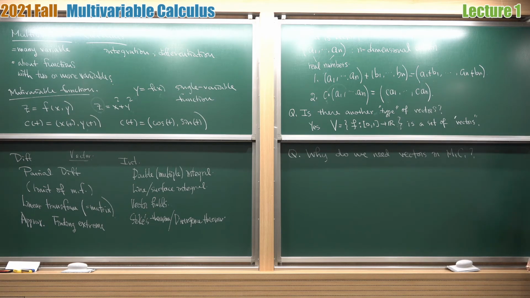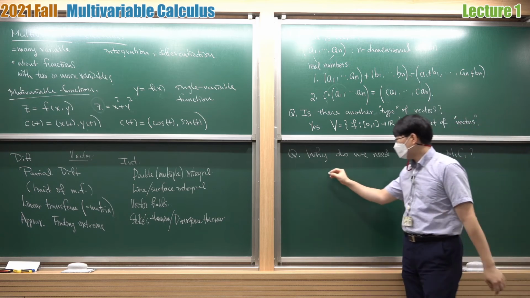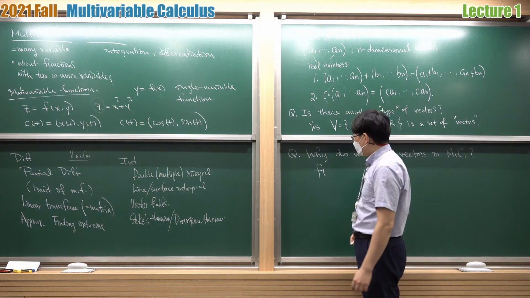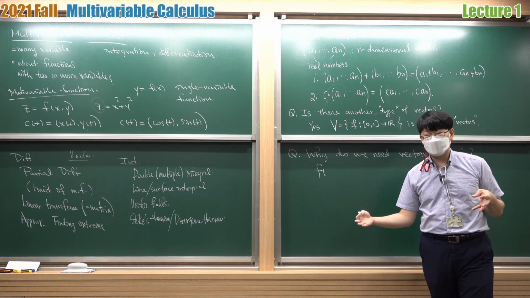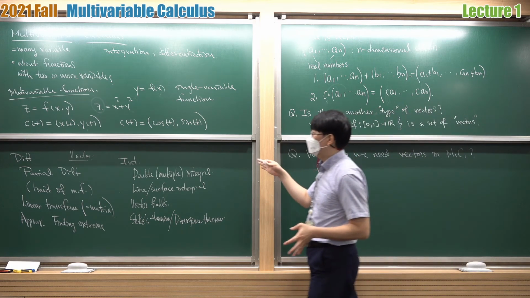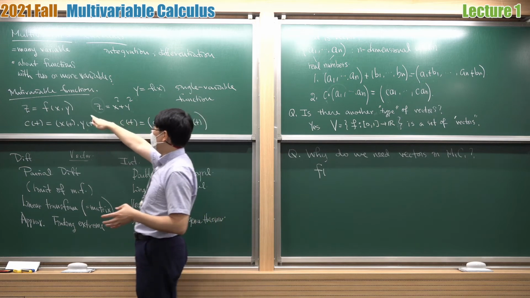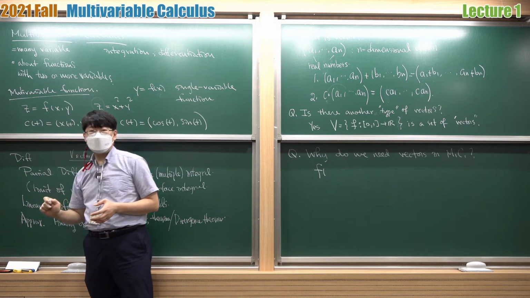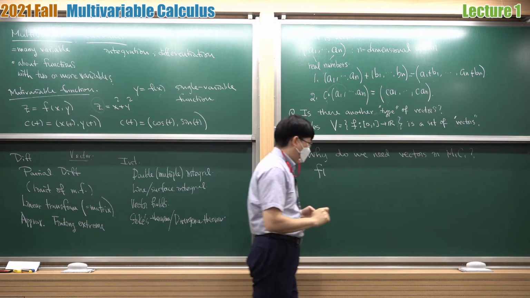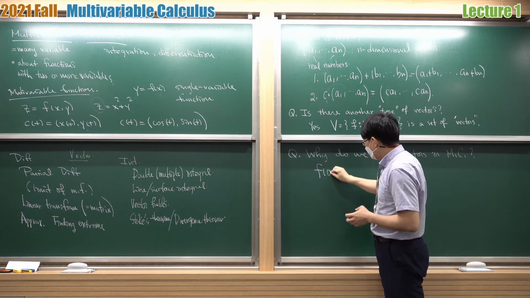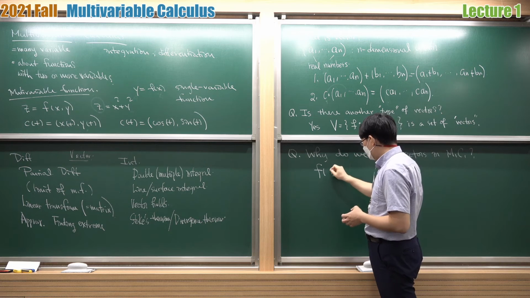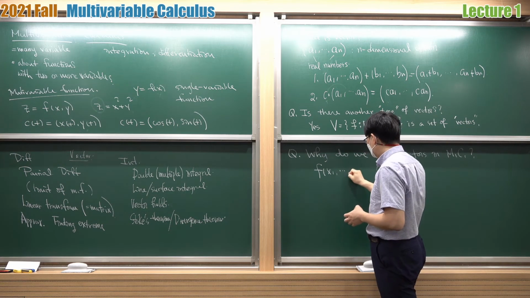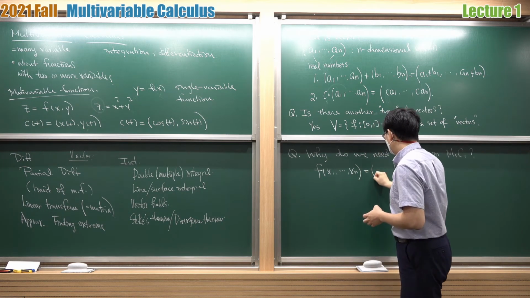So, for example, let's think about the most general form of multivariable functions. I already gave you the simplest and easiest form of a multivariable function before, but let me choose the most general form of multivariable function as the following.